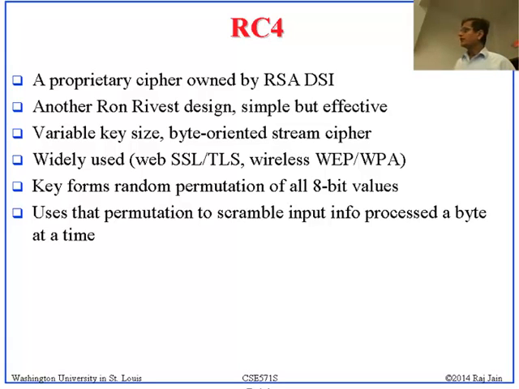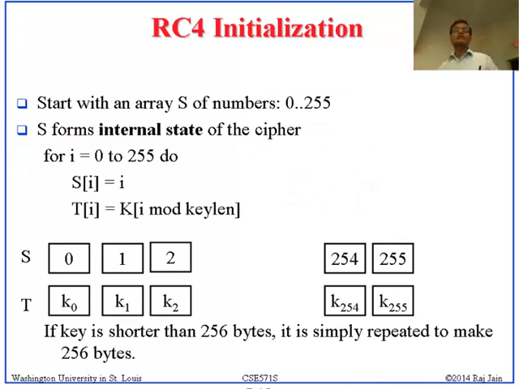Then you take your key and put it, one byte at a time, into 256 registers. If your key is less than 256 bytes, you repeat it. Let's say your key is 128 bytes long. You repeat it twice and get 256 bytes. If your key is 64 bytes long, you repeat it 4 times, and so on. If it is 123 bytes long, you just repeat it until you get 256, and throw away the rest.